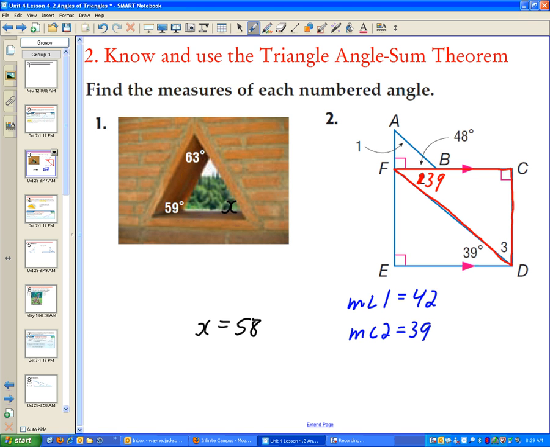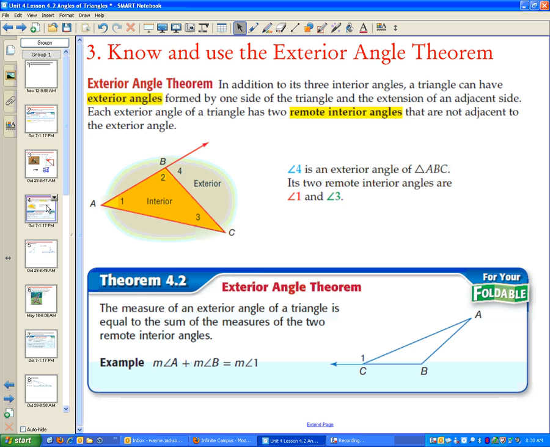I now know that's 39. So 90 plus 39, whatever I get, subtract it from 180. What is 90 plus 39? And what is 180 minus 129? What is it? It doesn't look like a 5, does it? And there we go. So far, so good? Okay. Now let's learn about and then use the exterior angle theorem.